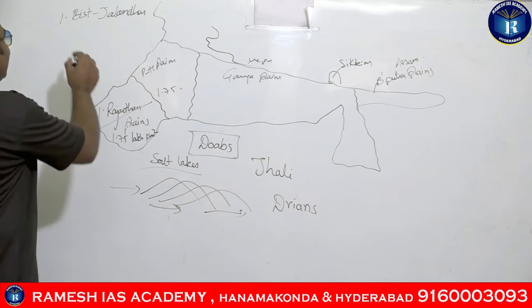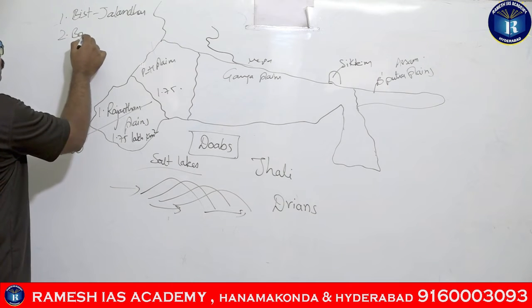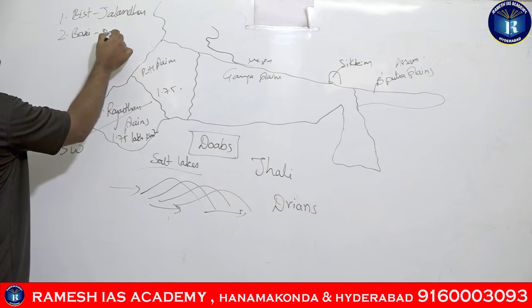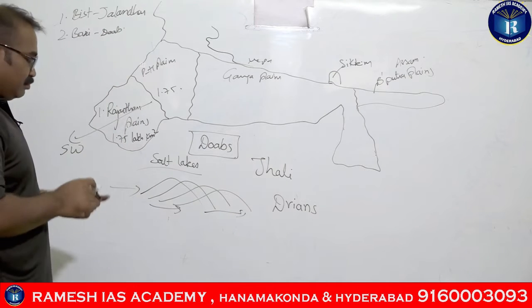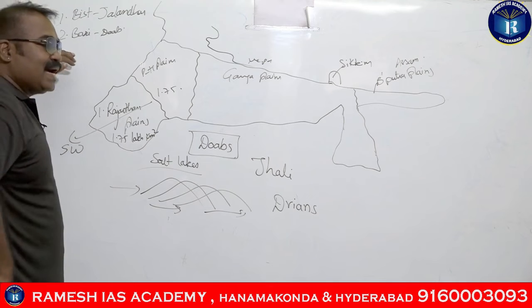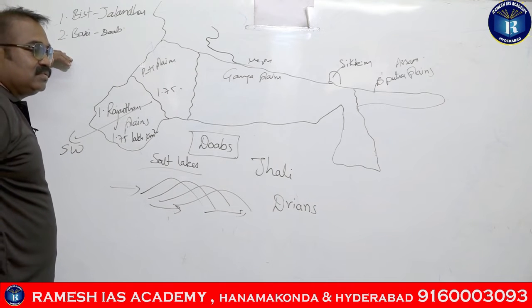Then comes Bari Doab, B-A-R-I, present between the Bias and Ravi rivers.